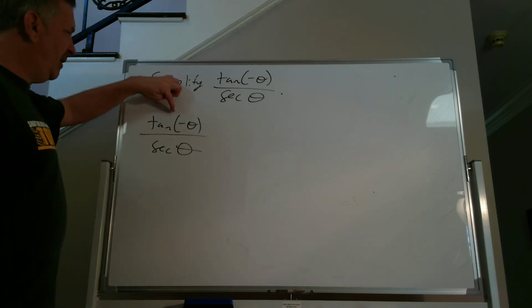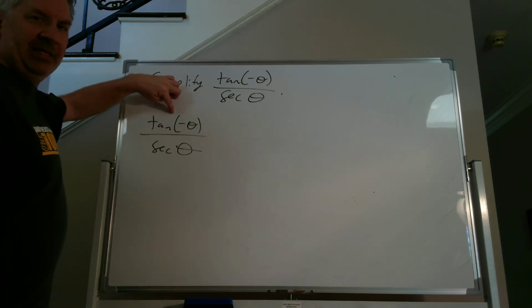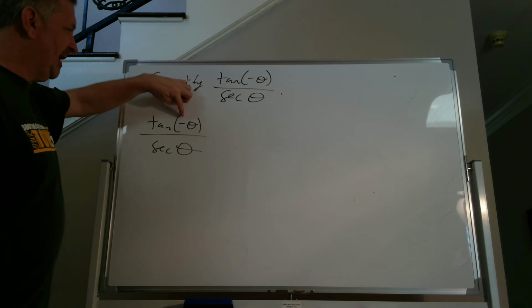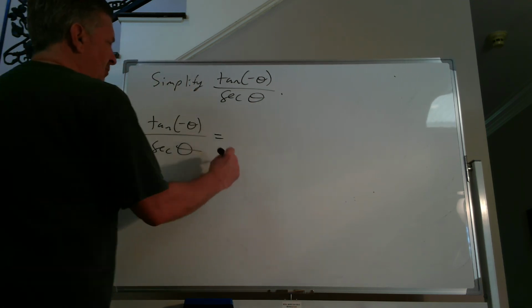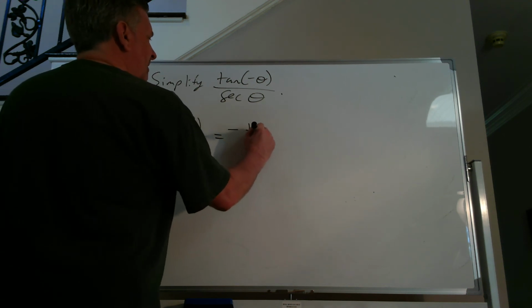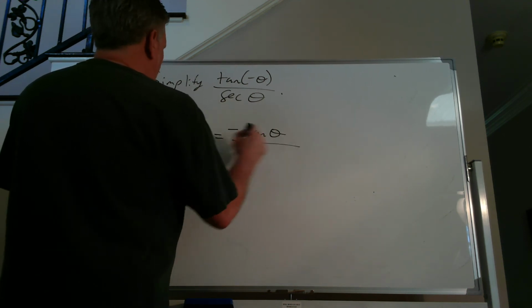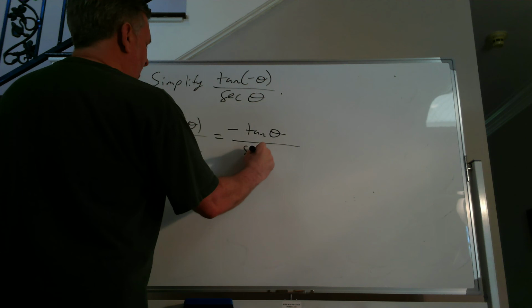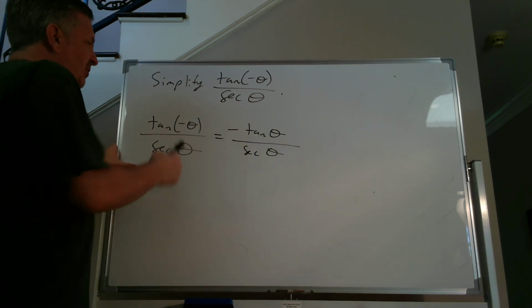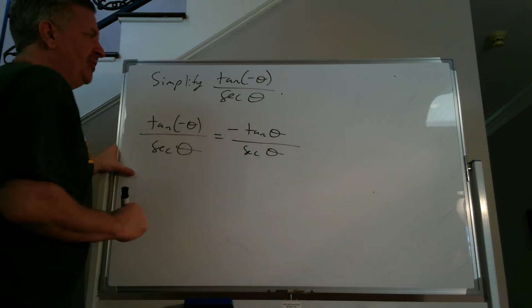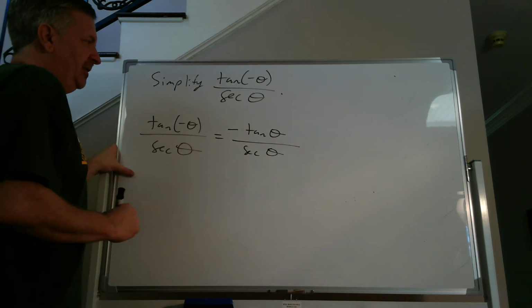Remember back to the very beginning, we proved some identities for the 6 trig functions of negative theta. Tan of negative theta, if you remember, was the negative of tan theta. So I can pull the negative out front as a coefficient. And the only reason to do that is now I have the angles matching. That was the only point of that.